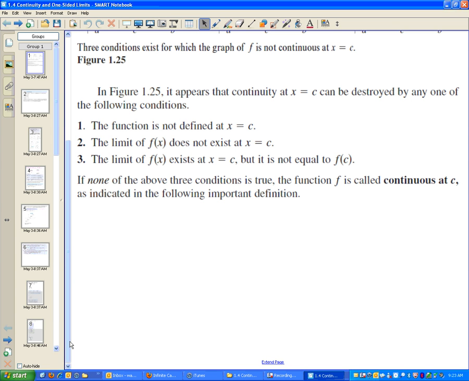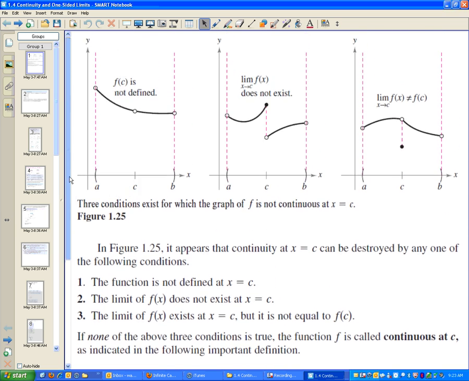Now, they give us the definition of continuity, and we're going to use it. But before we get to the definition, do you feel like you have something of an intuitive idea of what continuity is? All right? The most basic thing, and this is a little bit oversimplistic, but a function is continuous if, once you put your pencil down to start graphing it, you don't take your pencil back up off the paper.